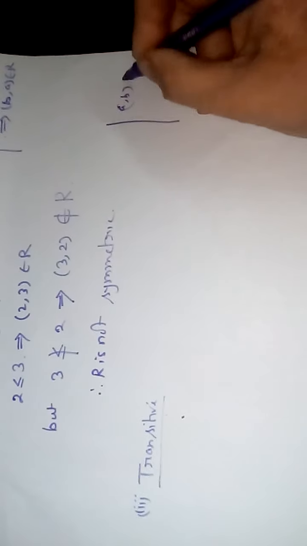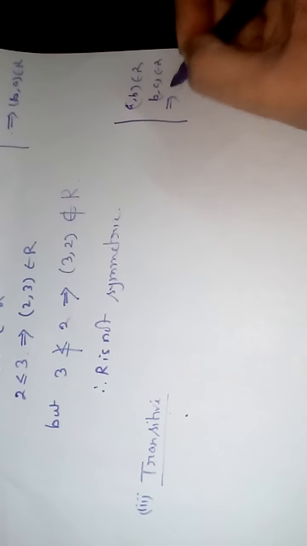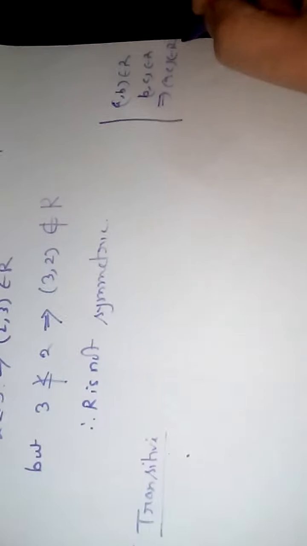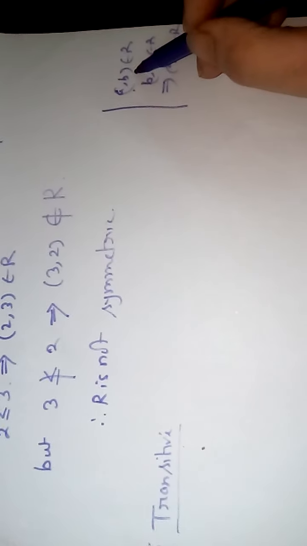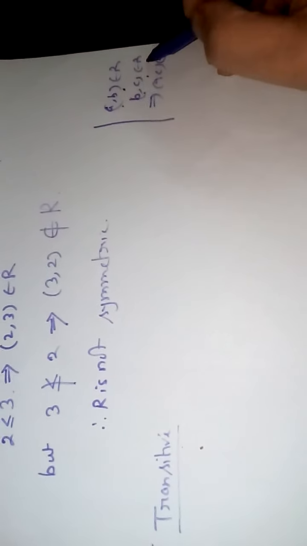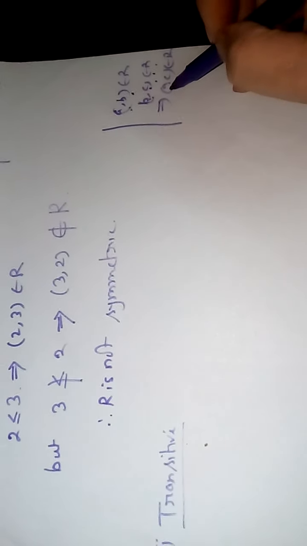Your condition is what? If you take AB belongs to R and BC belongs to R, then we have to show AC belongs to R. এইটো তুমি দেখাব লাগিব. If AB belongs to R means A less than equal to B, and if BC belongs to R, then B less than equal to C. So obviously A less than equal to C. It means AC will be in the relation.